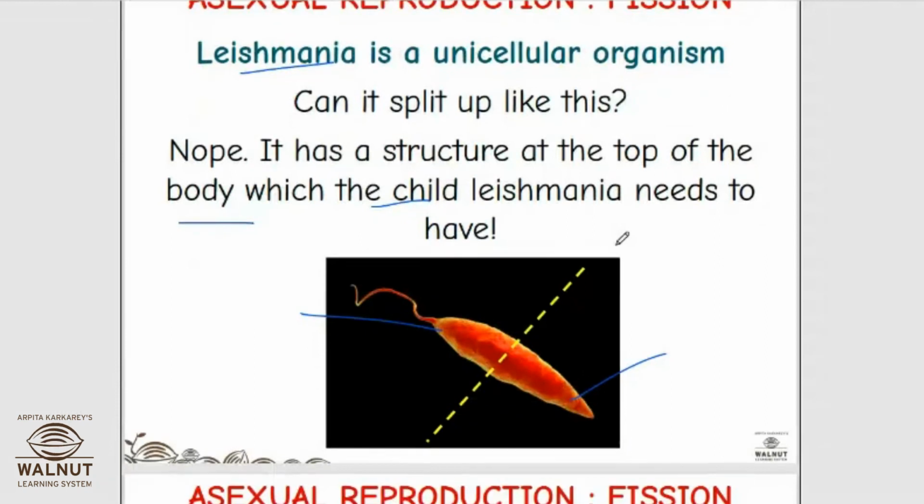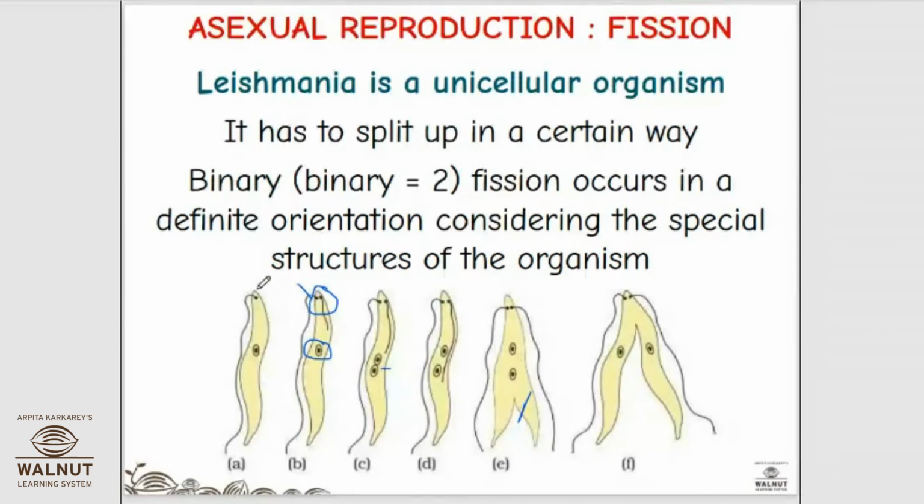But in case of Leishmania, as it has a different structure at the bottom, that is your tail, or you can say it is a flagella, and this is the head part or the top part, it cannot divide any way. If it divides like this, this part will not have the tail, this part will not have the head. It cannot divide like this. So it has to have a proper orientation in which it can divide. So what happens? First, the flagella starts dividing. So flagella has become two.